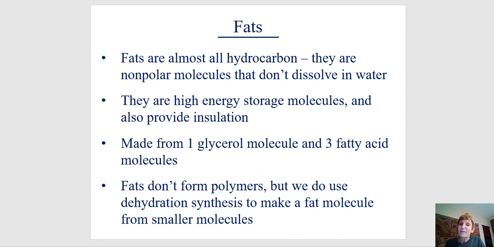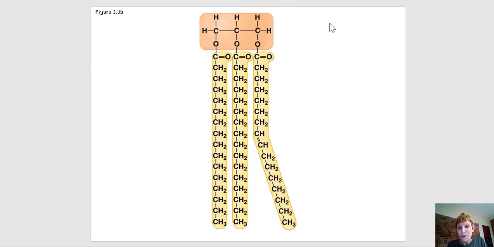Now, I also said that fats are the only one of the 4 types of biomolecules that don't form polymers. So you're not going to have this fat here attached to another fat, attached to another fat, and so on. It doesn't form polymers, but they are made up of their own building blocks. As you can see, each one of these fatty acids is a molecule.